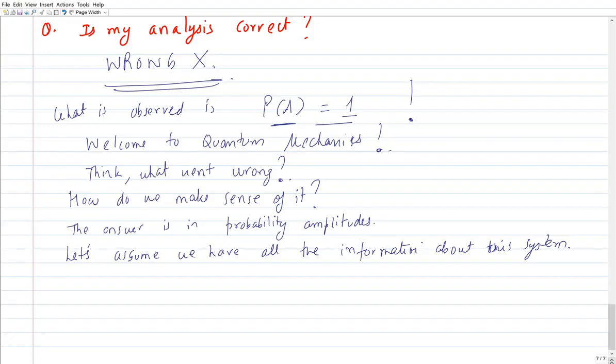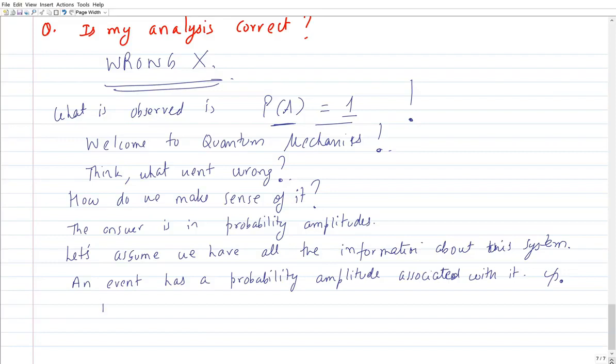So quantum mechanically, what we say or how we make sense of this is that an event has a probability amplitude associated with it. Let's call it psi.